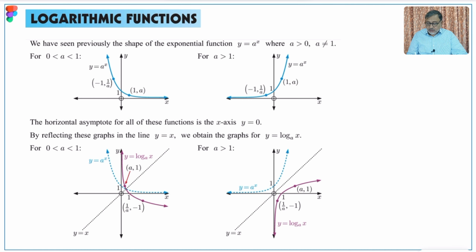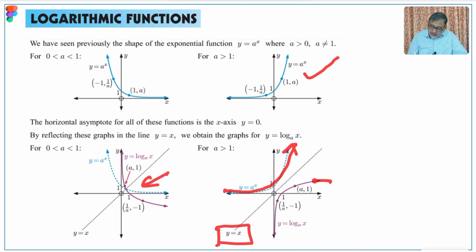So you get it like that. In the same way, the growth graph can also be reflected in the mirror line y is equal to x, and it will become the inverse function. The whole of the growth graph was above the line y is equal to x, therefore it will not intersect like this. It will have a separate graph which will be reflected in the line y is equal to x.